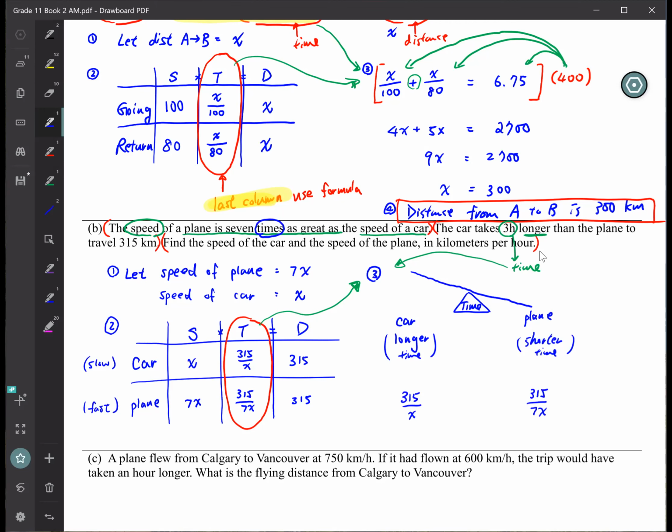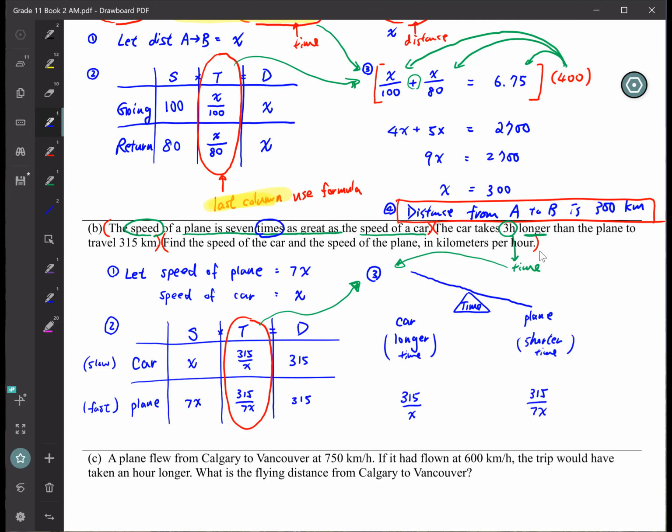So the left side is higher. So if you want to bring it down and make them equal, you need to subtract the time. So let's say if the car takes 5 hours, then the plane will be 2 hours, right? Because the car is 3 hours longer, right?